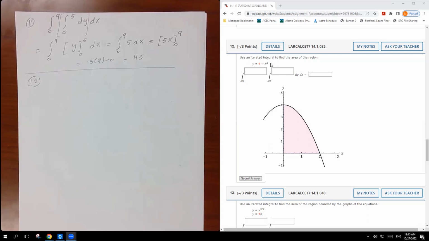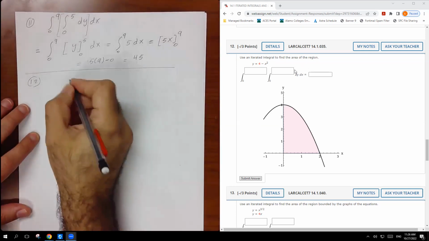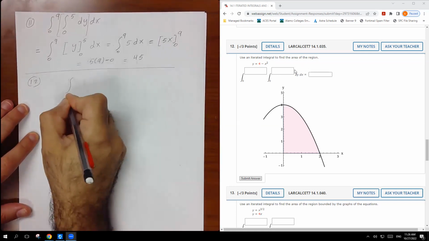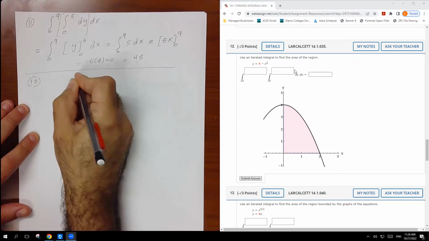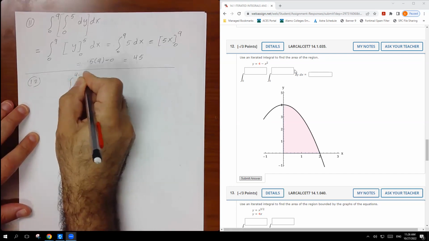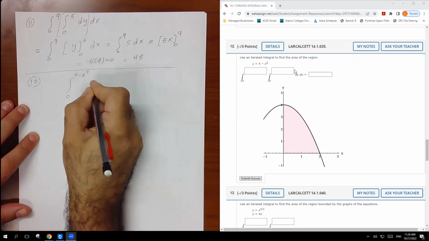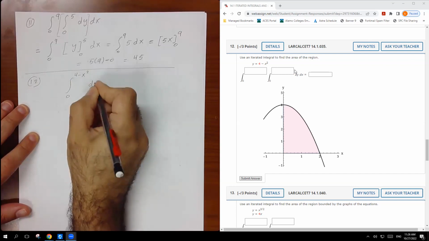So this is the same thing as negative x squared plus 4. It's a parabola reflected over the x-axis and shifted up 4 units. So now this equation is going to be here as y. So the inside integral is going to be from 0 to y, which is 4 minus x squared, because my integral is going to be dy.